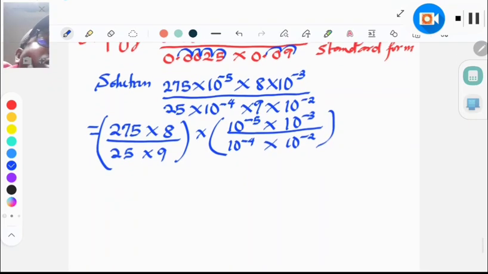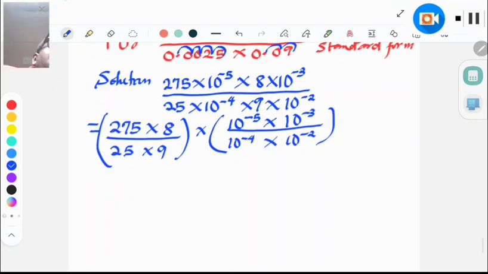Alright, so from here, you can begin to see how to divide to reduce the terms that we have. So we can first see if there is a perfect number for 275. So 25 can go into 275, that is 11.